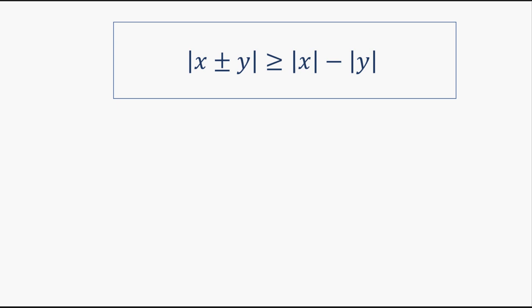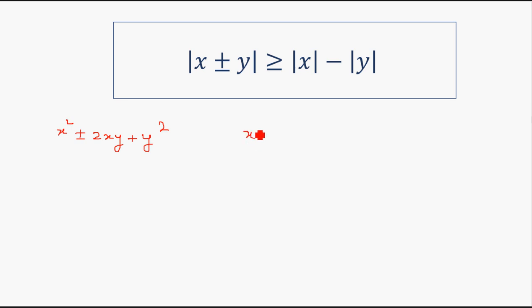So the same way we proved the earlier one, we will prove this. How we will prove this is, we will square on LHS and RHS. So we will have x square plus or minus 2xy plus y square in the LHS.